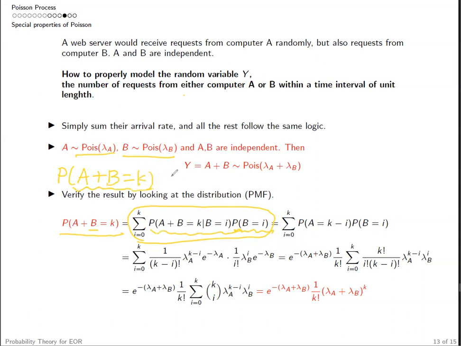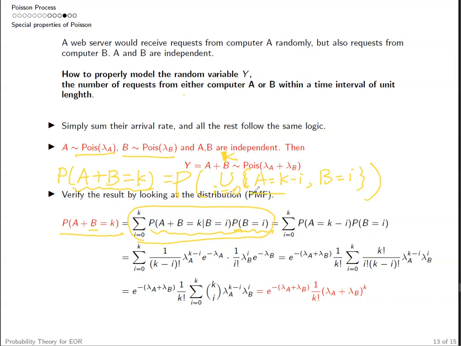This event is essentially equal to the union of all the events of A equals k minus i and B equals i, with i running from 0 to k, given that both A and B can only take non-negative values.